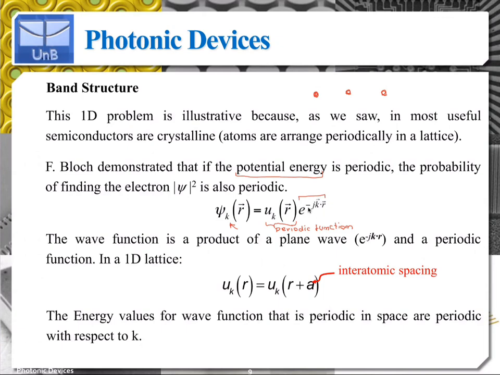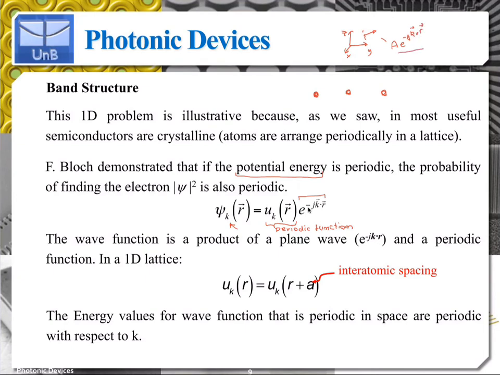Those of us that have studied electrodynamics might remember that if you have three-dimensional space, let's say Cartesian coordinates, and you have a wave which is propagating in any given direction in space, a plane wave, this plane wave might be described in phasor form by an amplitude times e raised to the power of minus j k dot r.